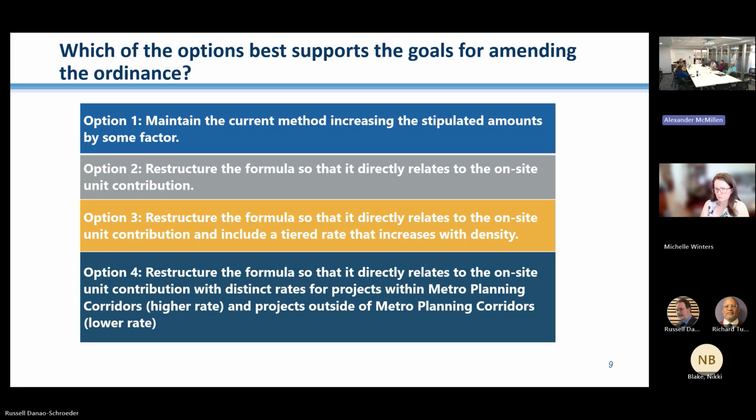I feel like it could really burden these small sites that are just not really feasible if we start applying thousands and thousands of dollars per unit to go to affordable housing, when these are already some of the most affordable new construction, smaller family-sized units.